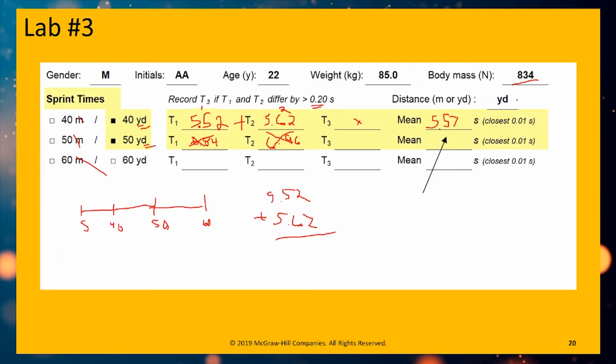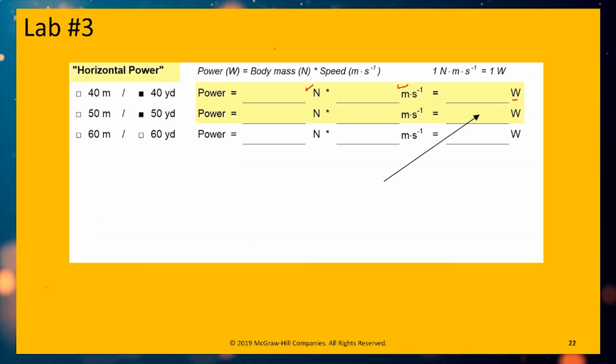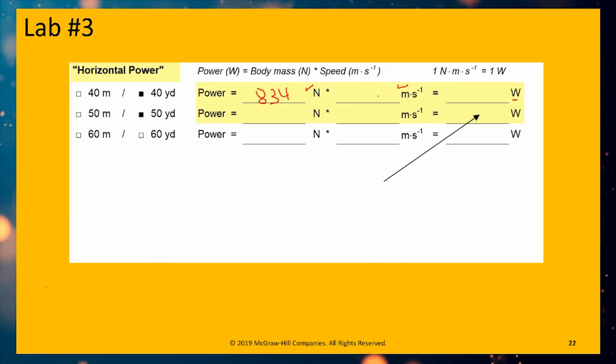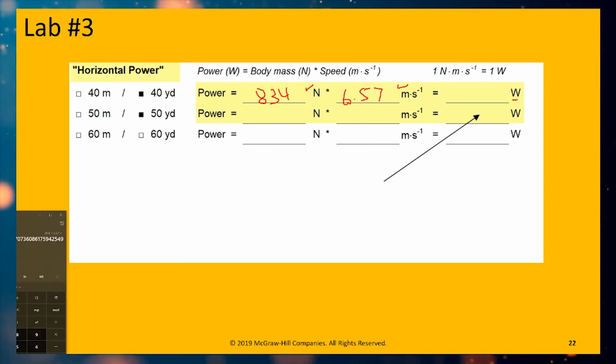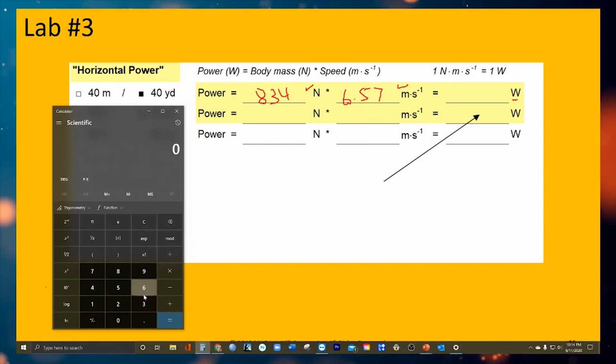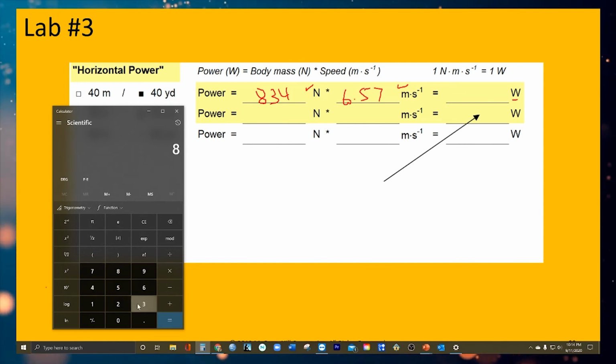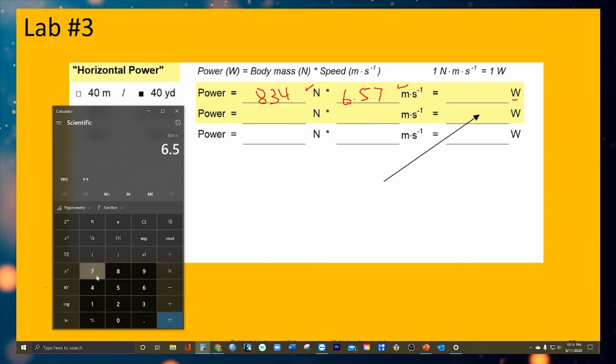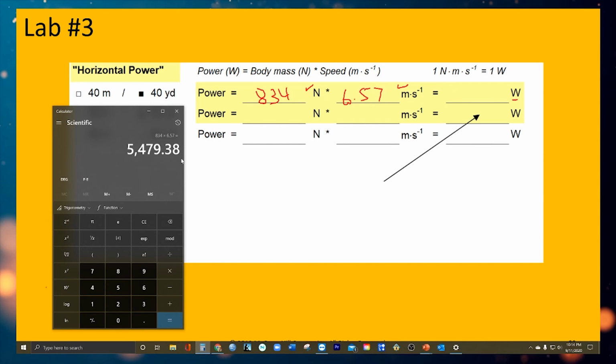So go back. We have our newtons of 834. And we know our meters per second, which are 6.57. If we do our simple math for that one, 834 times 6.57, we get a big, large number.